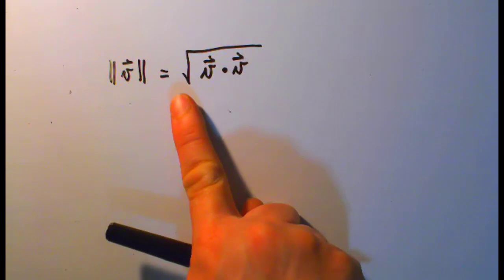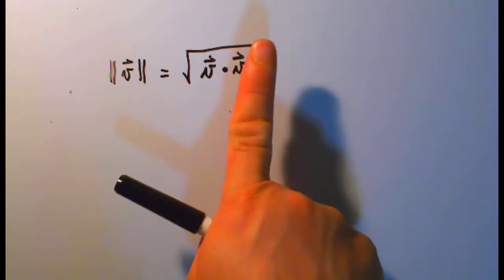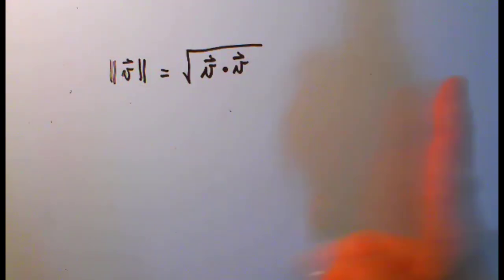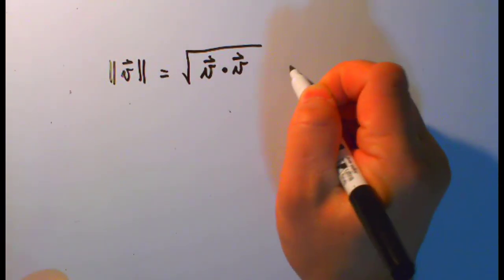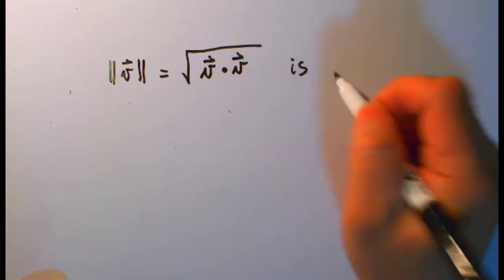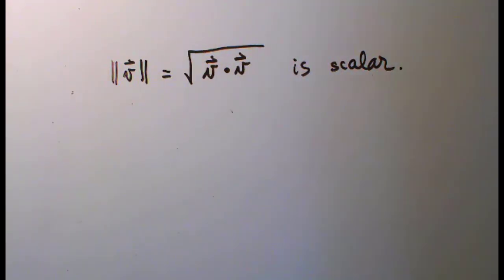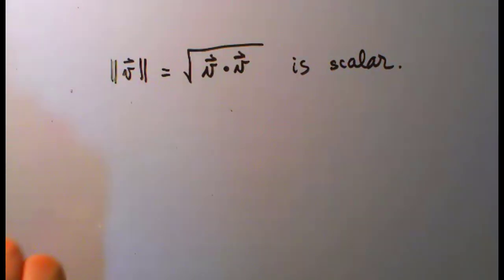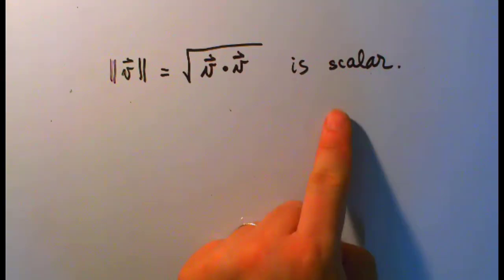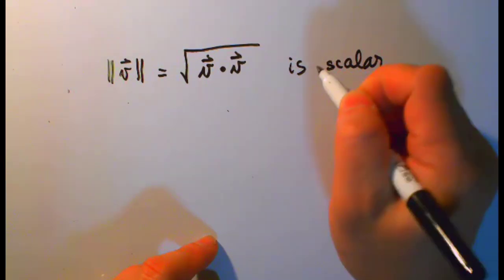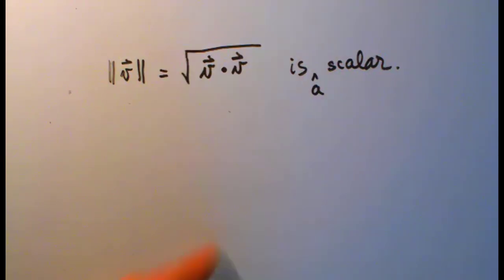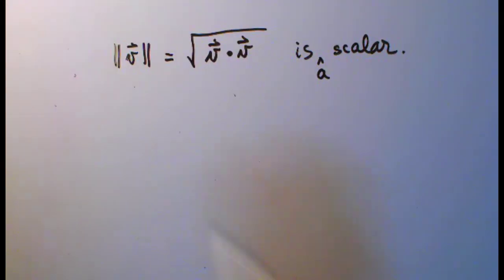So consequently, the square root of a dot product is a scalar. And of course, length is now a scalar. I just need to emphasize this before I take that into the next concept: the length of any vector v is a scalar.